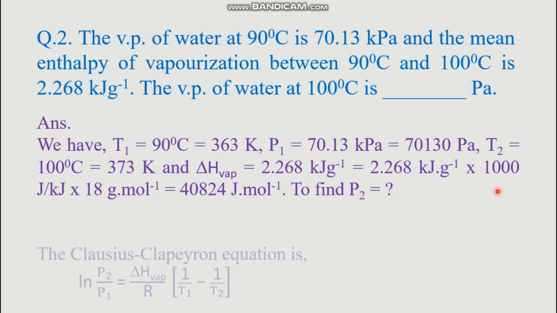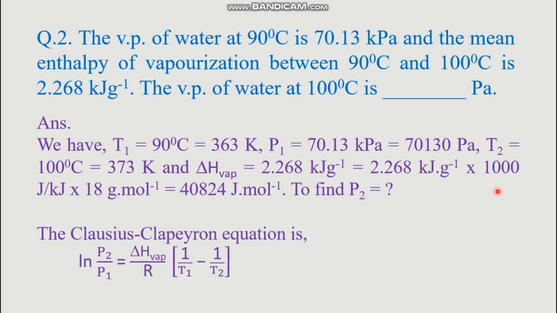So just simply apply the Clausius-Clapeyron equation, which is ln P2 by P1 equals delta H of vaporization by R into 1 by T1 minus 1 by T2. Just put in these values. In place of P2 there is nothing to put, we just have to find this value. But in place of P1 we put 70130 Pascal.